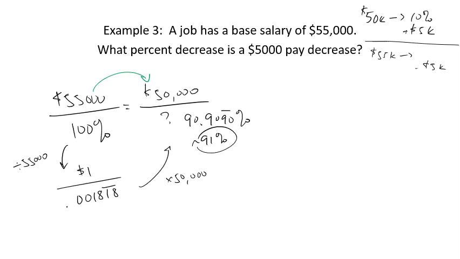If you go back to the previous example, the 100% was 50,000, and here the 100% is 55,000. So students don't always recognize the base amount determines what the 100% is, and if we change what dollar amount the 100% is, then it changes everything else. The other percents are going to be based around that. So it definitely alters the shape of the problem.